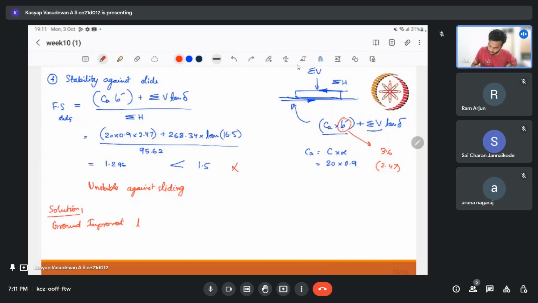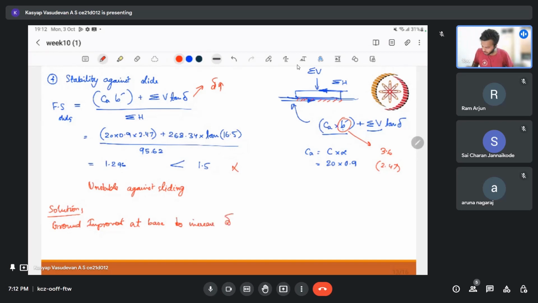What I'm trying to say is we are trying to increase delta by improving the soil at the base, to increase our delta value.